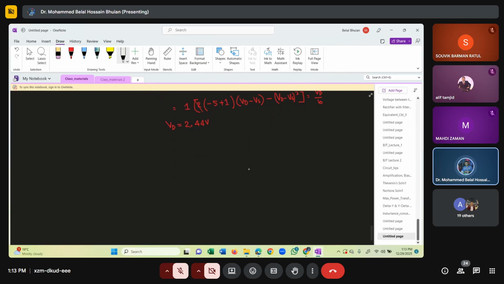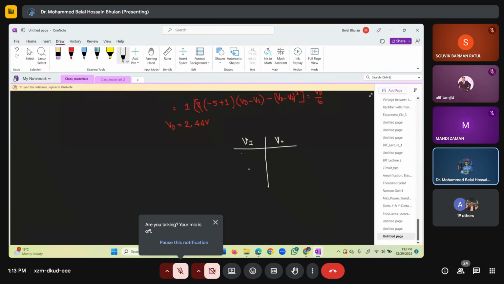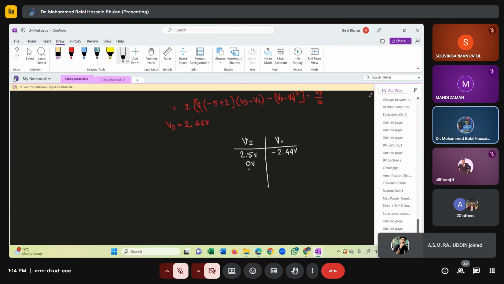So let's make a table. VI, V naught. For 2.5 volt, we get output minus 2.44 volt. For 0 volt, 0 volt. For minus 2.5 volt, 2.44 volt.